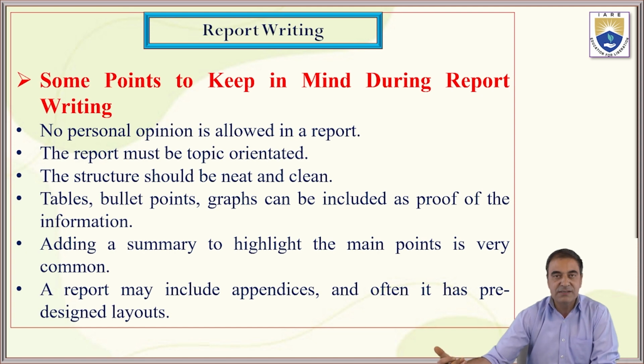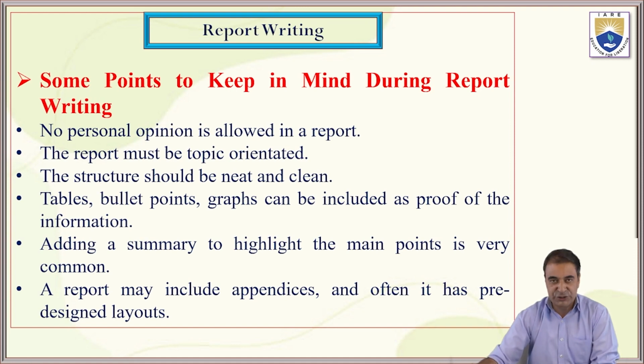And now the next one is some points to keep in mind during report writing. No personal opinion is allowed in a report. As I told you, it should be unbiased. It should not be subjective. It should be objective. And the second one is the report must be topic oriented. While writing a report, your title in fact guides us, or navigates us through the whole report, because we should remain confined to the title.